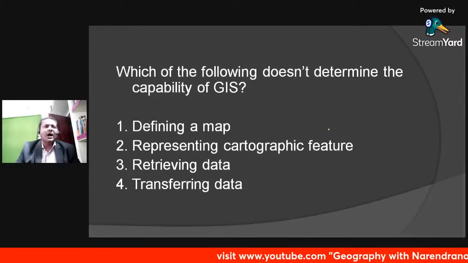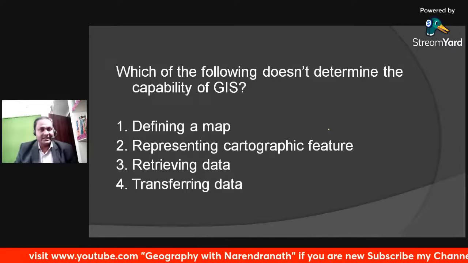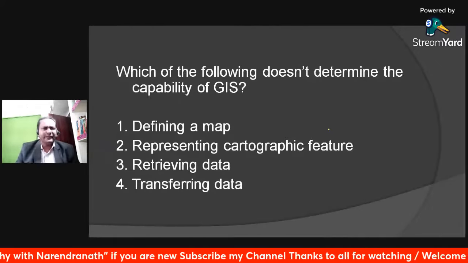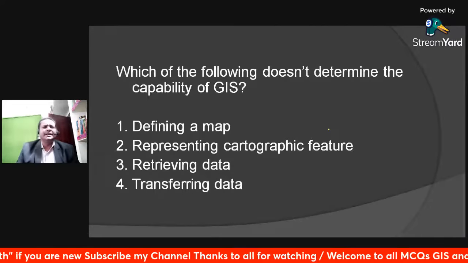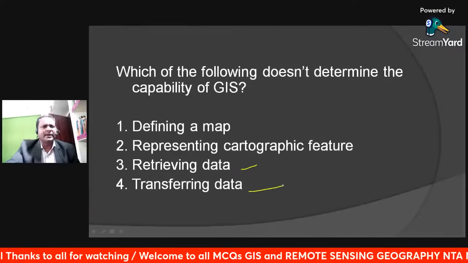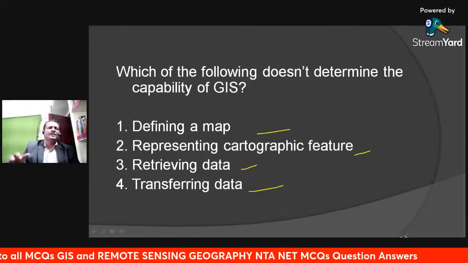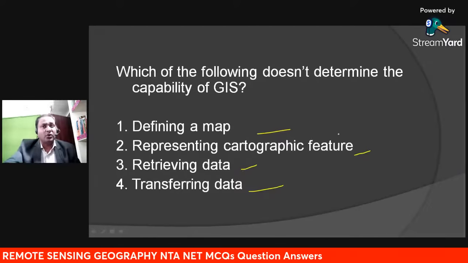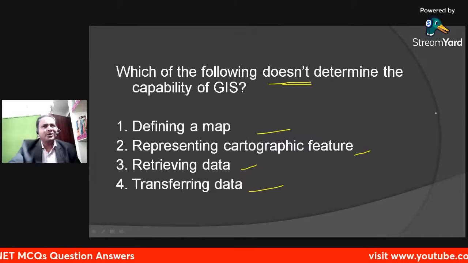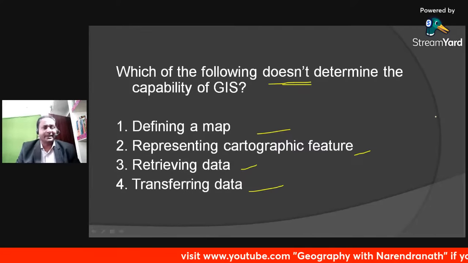And also, which of the following does not determine the capability of GIS? It is very important. Capability of GIS. Basically, a map representing cartographic features, retrieving data, transferring data, and these are the four options. Remember, sometimes the question says does not or is not, so read carefully again: which of the following does not determine the capability of GIS?